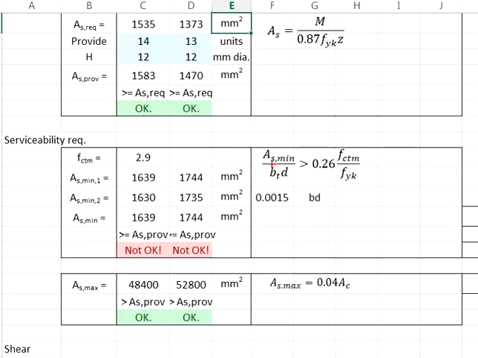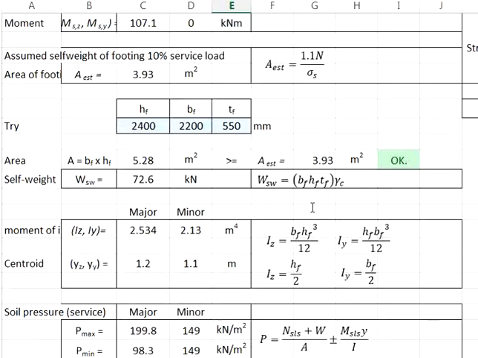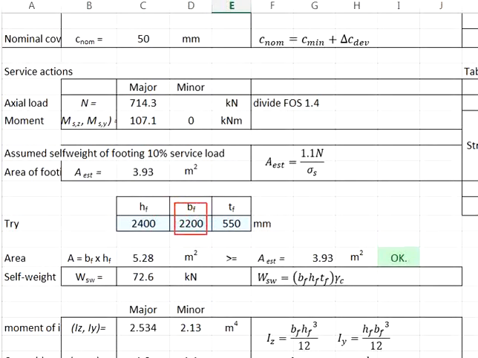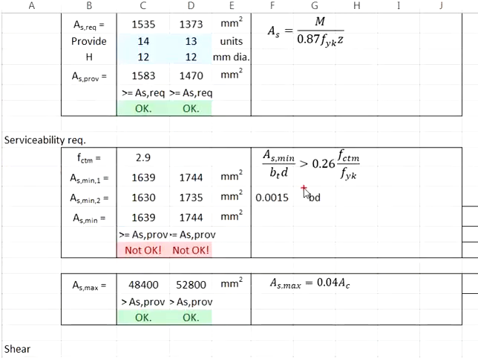As for the b, for the major axis, the b is equal to 2.2 meter. As for the minor axis, the b equals 2.4 meter. Bring this bd to the opposite side and they behave in the mode of multiplication. You will get your As minimum.